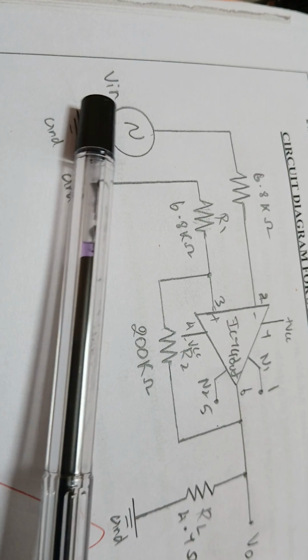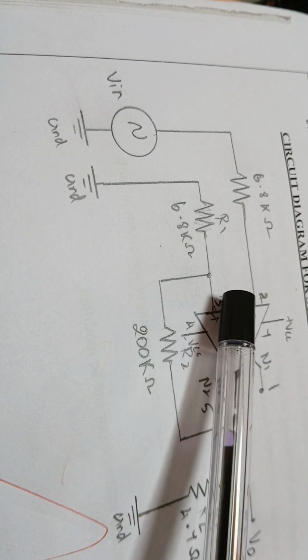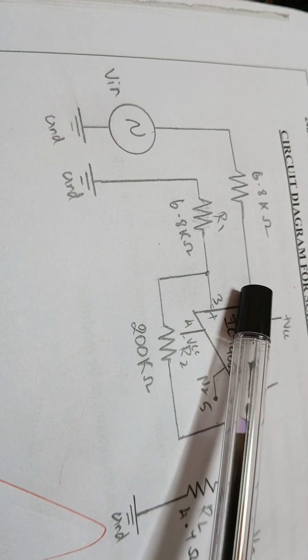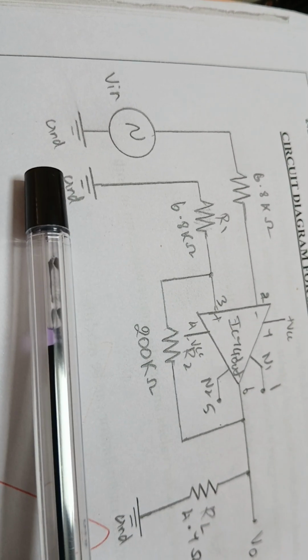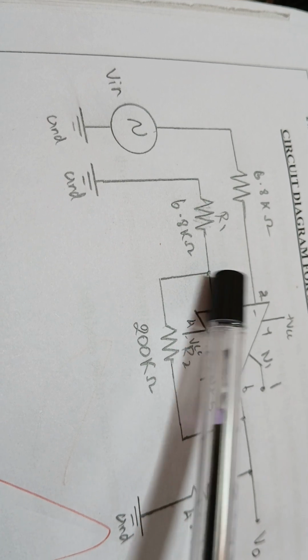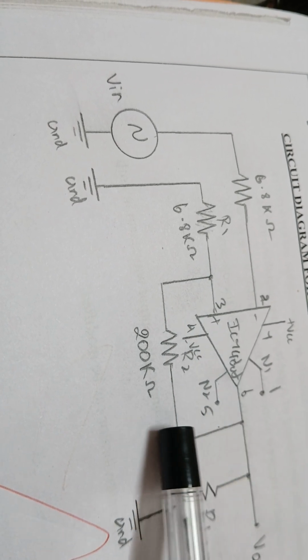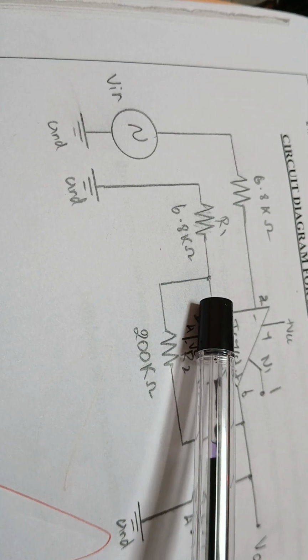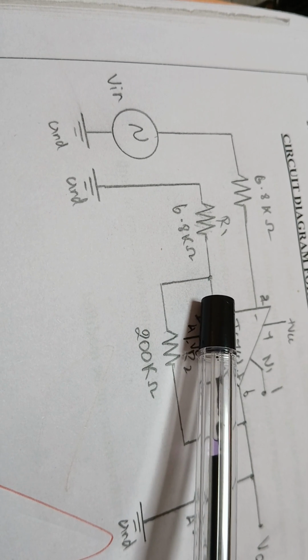Due to the virtual ground property, a voltage will be there at pin number 3 even when input is not given. We get a small output, and that is fed back to the non-inverting input terminal as the reference voltage.